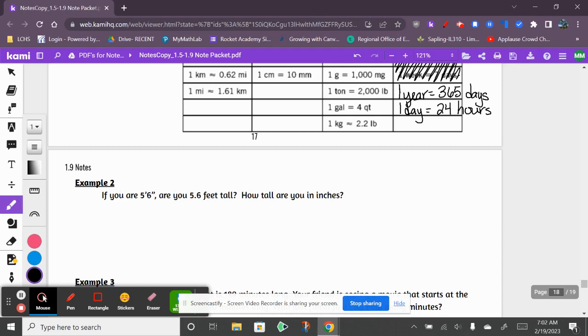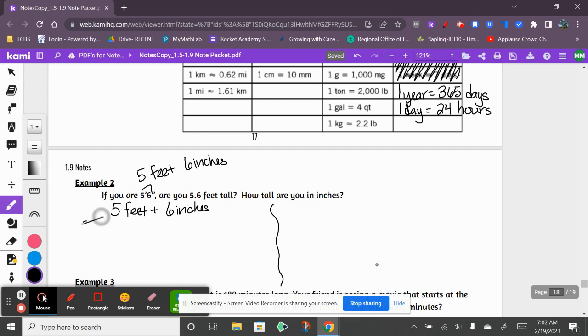So example 2 says, if you are 5 feet 6 inches, so the 1 apostrophe is feet and the 2 apostrophes is inches, 5 feet 6 inches tall, are you 5.6 feet tall? And a follow-up question of how tall are you in inches? Okay, so 5 feet plus 6 inches. And I'm just going to separate it into two parts.